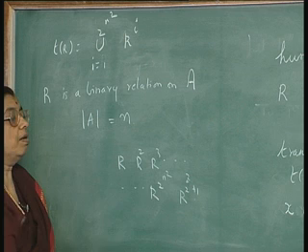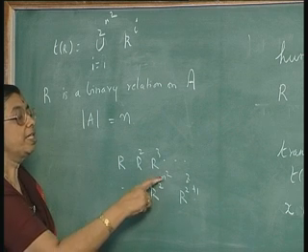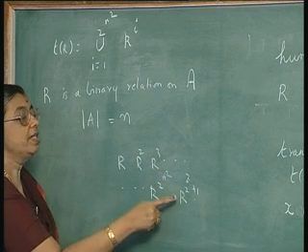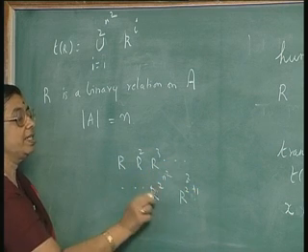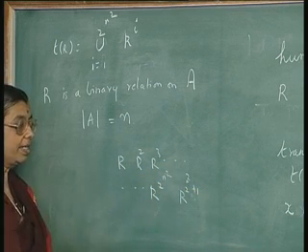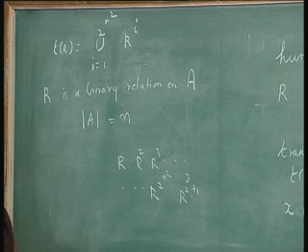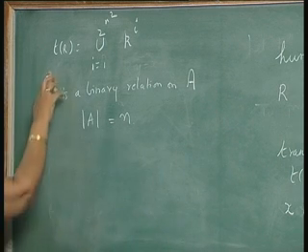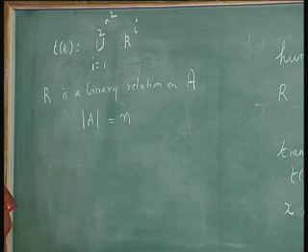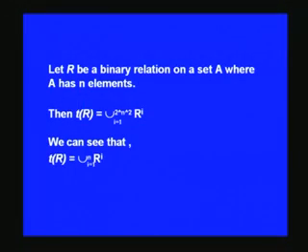You can have at the most 2 power n squared distinct relations. If you consider R power 2 power n squared plus 1, this will be one of these relations only. So it is not necessary to consider more than this. So TR is given by this: TR is the union of i equal to 1 to 2 power n squared of R^i.